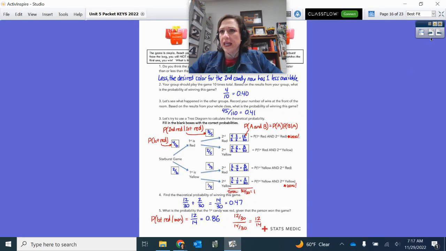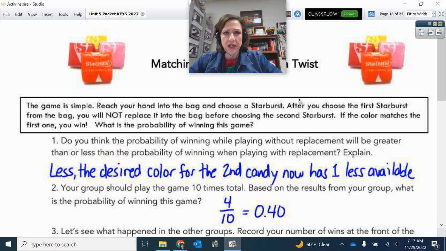All right, we're going to go ahead and do the lab portion of this, matching a conditional probability. So here we have this problem where we have a bag, and that bag has 4 red Starbursts and 2 yellow Starbursts.